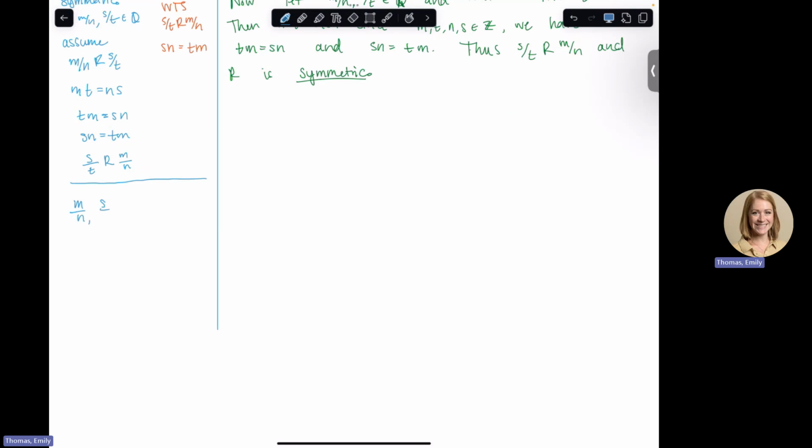Let M over N, S over T, I'm going to use Q and R, be rationals. We're going to assume M over N is related to S over T, and S over T is related to Q over R.